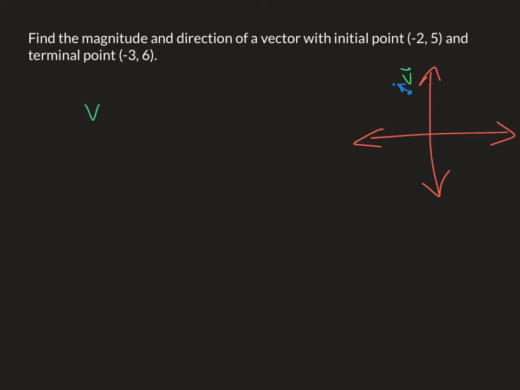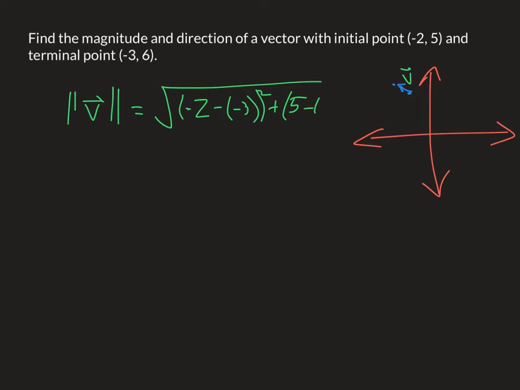So the magnitude of V is going to equal, well, we just do the distance formula. We subtract our x's squared, we subtract our y's squared, and figure out that value.